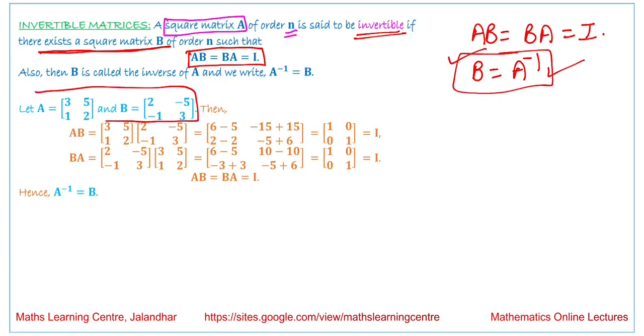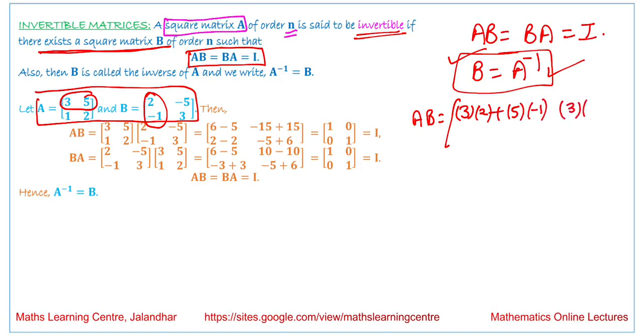We are given two matrices A and B. If we calculate A into B, we have 3, 5, 2, minus 1. So it is 3 into 2 plus 5 into minus 1. Next is 3 into minus 5 plus 5 into 3. Next we have 1 into 2 plus 2 into minus 1.